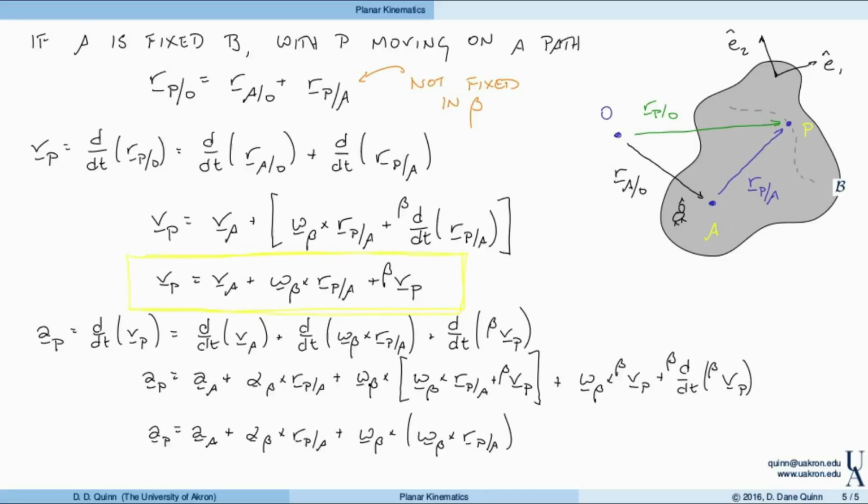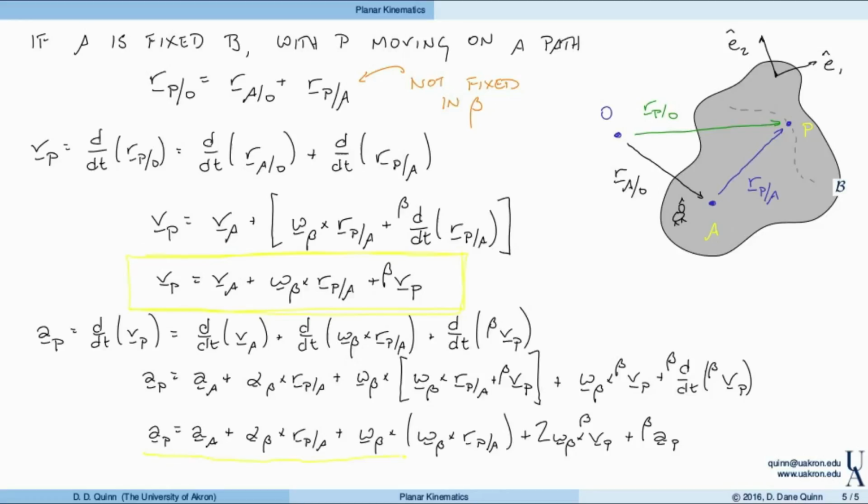In particular, we have an omega cross the relative velocity term here, and then we actually have the same term here, right? So we have two of those. So it's 2 omega cross the velocity of P with respect to the body. And then finally we have this last term, which, just like this became the velocity of P with respect to the object, this term becomes the acceleration of P with respect to the object itself.